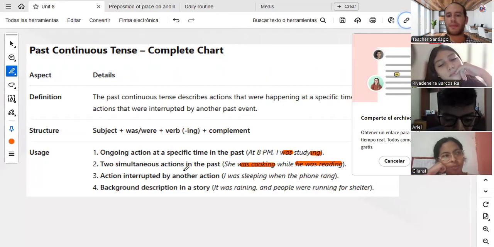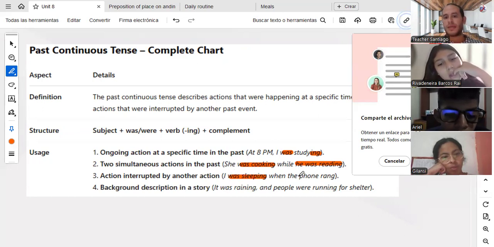Action interrupted by another action. This can be the most difficult use. Anyway, it's easy, so pay attention. I was sleeping when the phone rang. So notice two things here. There's a sentence in past progressive, right? Was plus the verb with ing. This is something that was happening, right? In progress. And something else interrupts.